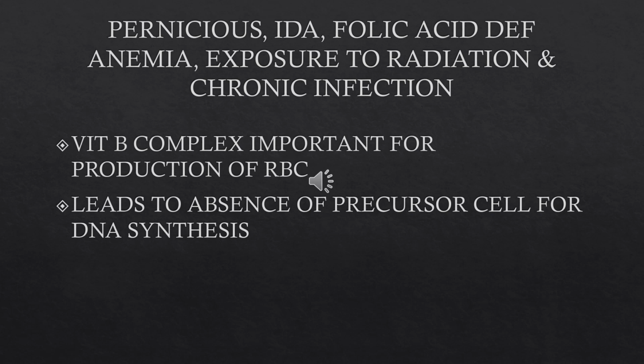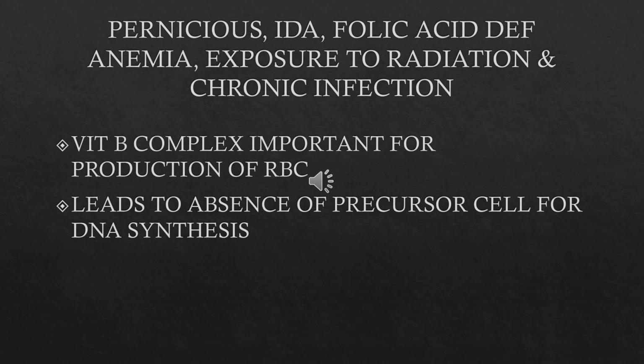We have pernicious anemia, IDA, folic acid deficiency anemia, and exposure to radiation and chronic infection. We have to remember here that vitamin B complex is important for the production of your red blood cells. If it's low or absent, it leads to the absence of precursor cells for DNA synthesis.